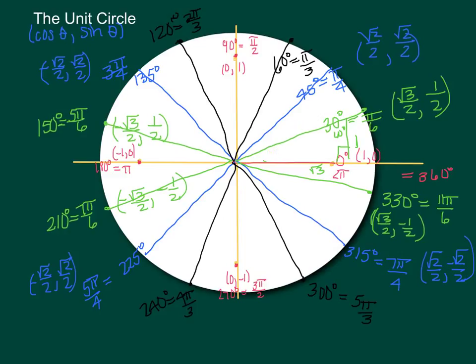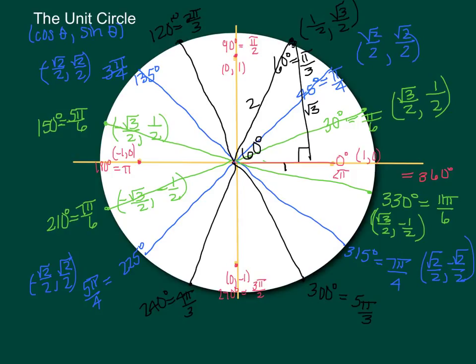I'm going to erase this so we don't get confused. If I draw my 30, 60, 90 triangle now, the 60 degrees would go here and the 30 would go up top. So across from the 30 would be 1, 2, square root of 3. So now cosine would be adjacent over hypotenuse, and sine is opposite over hypotenuse.